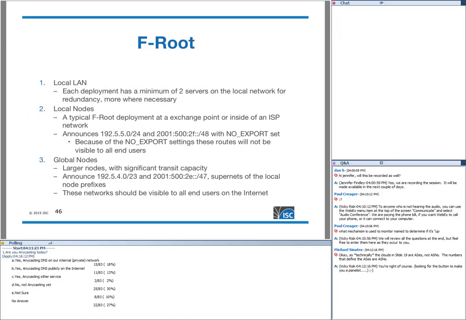So now we're getting into the details of how the particular F-Root Anycast environment is set up. Let's start actually at the bottom with number 3, the global nodes. These are larger nodes. They have significant transit capability. They're usually in large telecom centers that you're familiar with hearing, Amsterdam, San Francisco, Chicago, and so on.